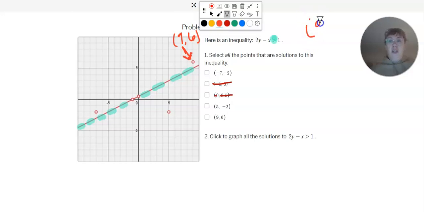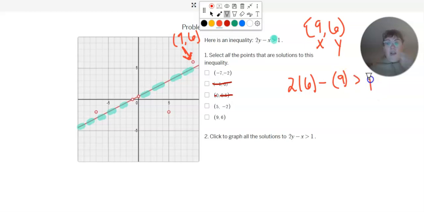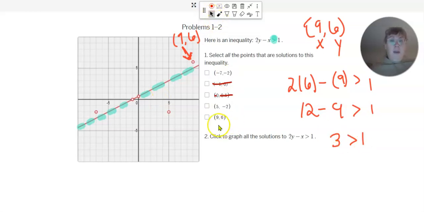So 9, 6, if x is 9 and y is 6, we have 2 times 6 minus 9 is greater than 1. 2 times 6 is 12. 12 minus 9 is 3, and 3 is greater than 1, so we're going to be shading above here. So that's 9, 6, and also this point down here at negative 7, negative 2.